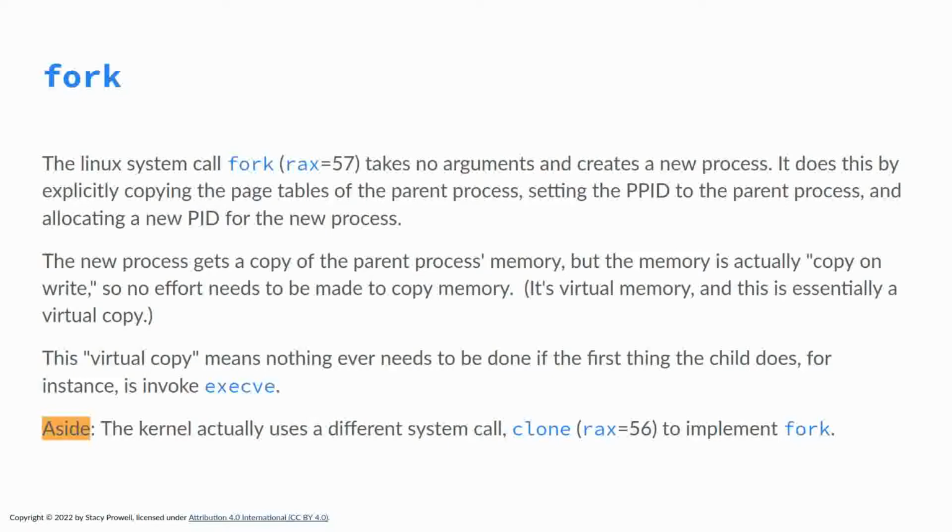Rowhammer is a vulnerability in systems that use capacitance-based memory like DRAM. And the basic idea is that I can hammer on the rows in memory. I can write to them really fast. And if I do that enough, changing the bits, I will get a random accidental bit flip in memory.